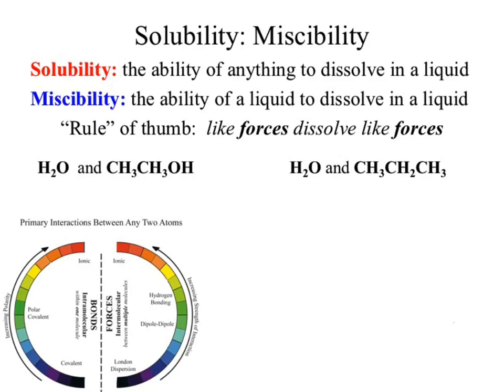We need a new rule set. So our rule set comes back to bonds and forces, because at its simplest level, this is where these interactions are coming from. So solubility is the blanket statement for anything dissolving in something else. Literally anything. Miscibility is the ability of a liquid to dissolve in a liquid.